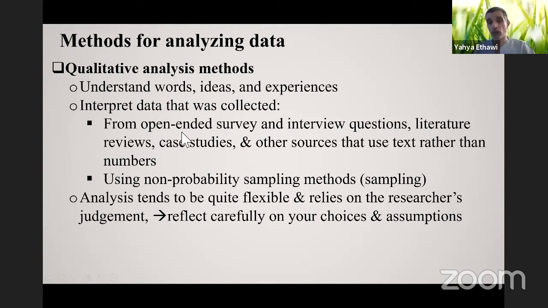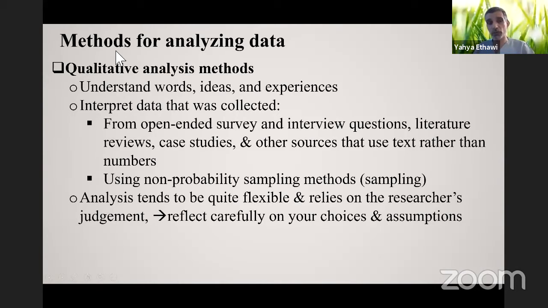The open-ended survey, interview, literature review, case study, and other sources are all qualitative. And remember, it's non-probability. You cannot do testing on it. And it's flexible because it changes with time, and relies on the researcher's judgment because it's qualitative, not quantitative, so it has lots of choices and assumptions.